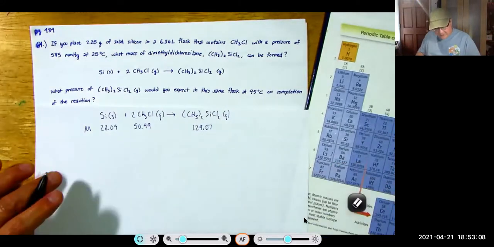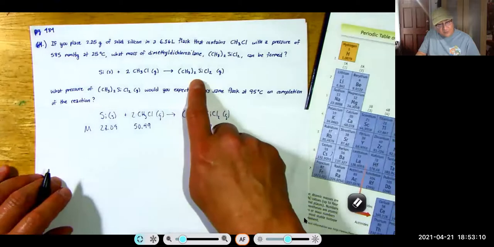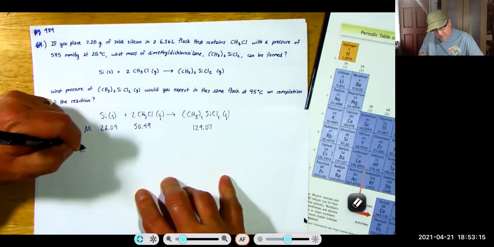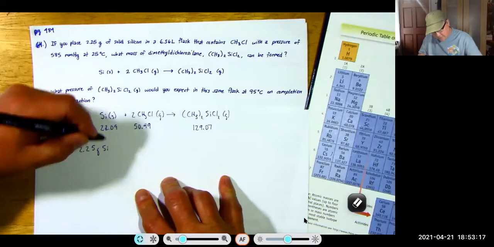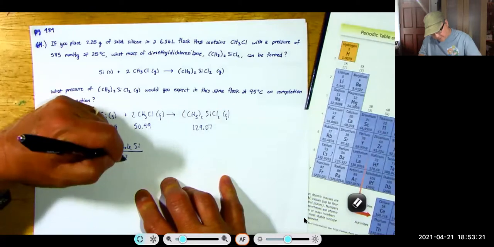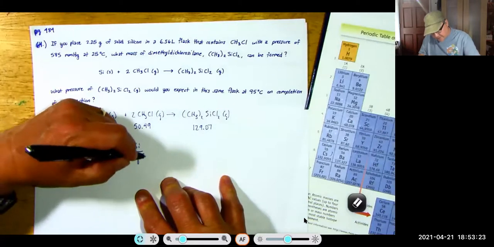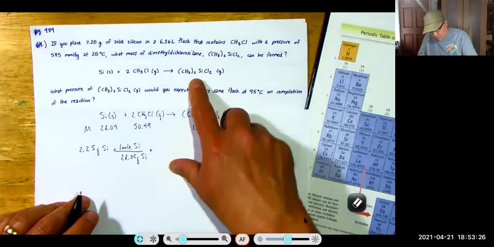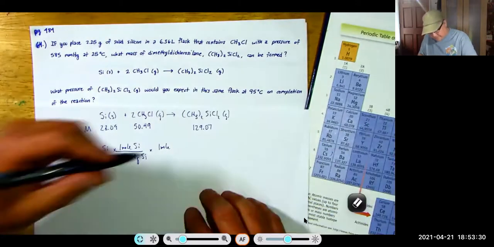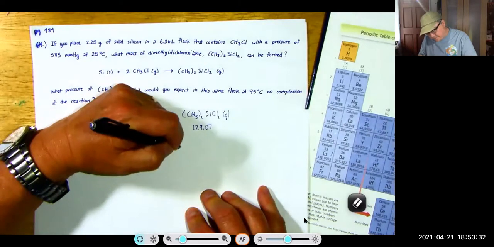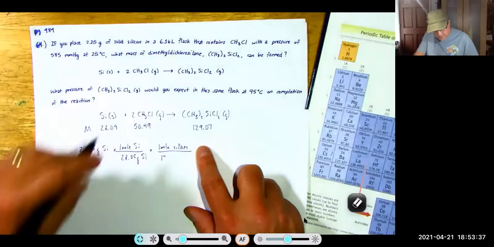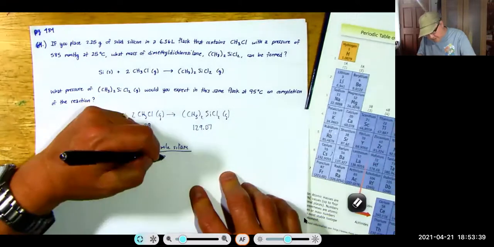So the way I like to do this is if we want to find out how much of this we're going to make, we're going to start with our 2.25 grams of silicon, multiply by 1 mole of silicon per 28.09 grams of silicon. And then we're going to multiply by 1 mole of, we're just going to call this silane for short, per 1 mole of silicon.